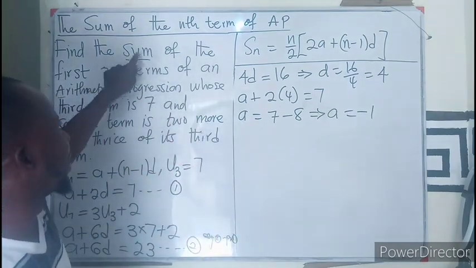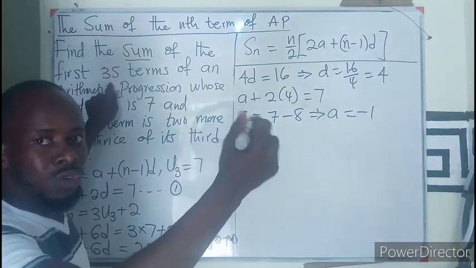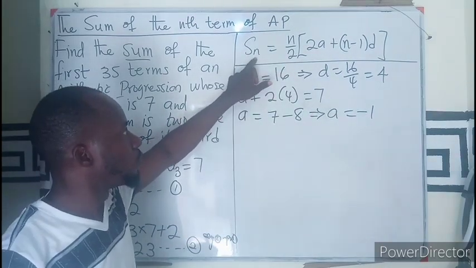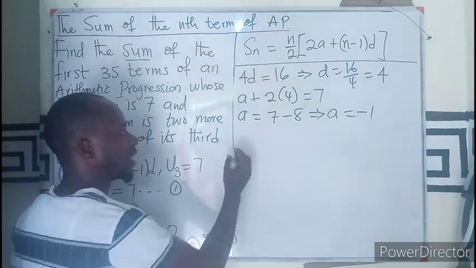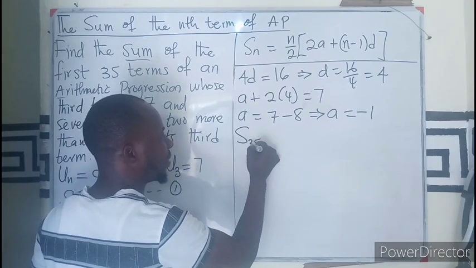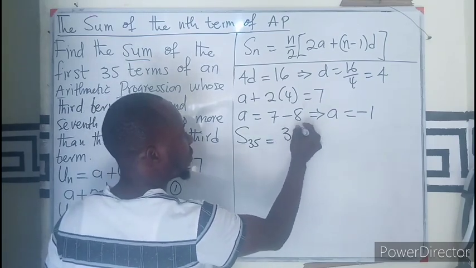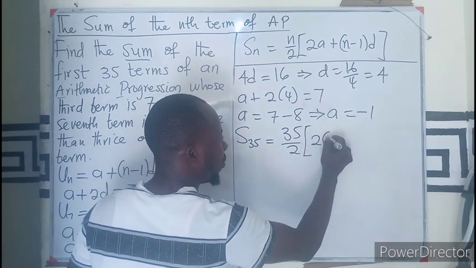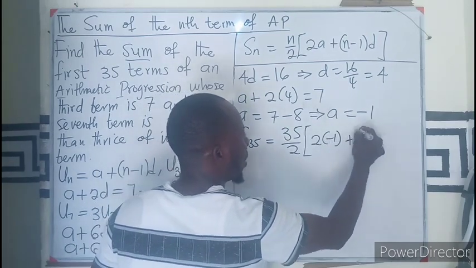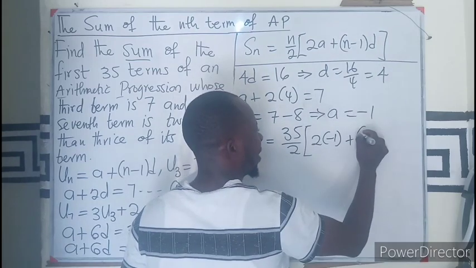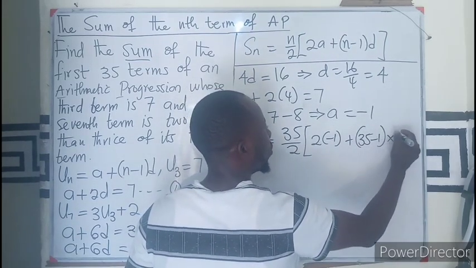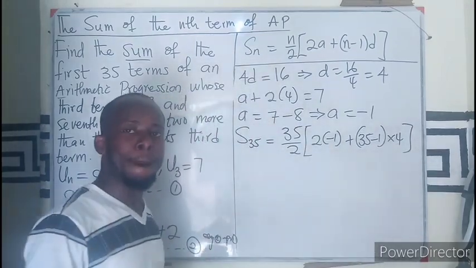I'm looking for the sum of all those terms, 35 of them. So I'll put that into the formula to have the sum of 35 terms equals 35 over 2 multiplied by 2a, which is -2, plus (35 minus 1) times d, which is 4.